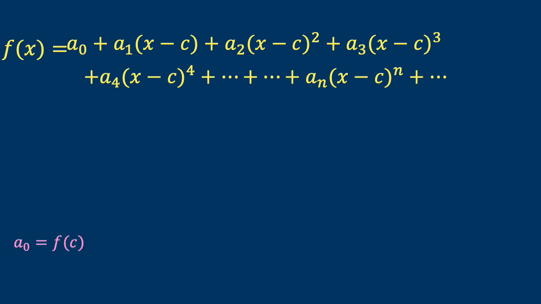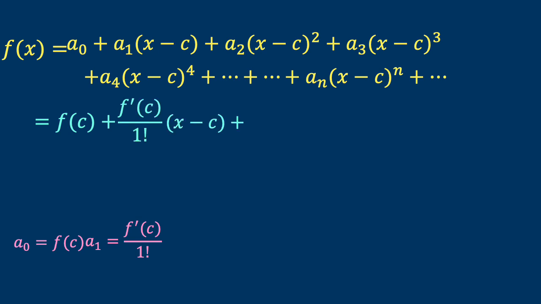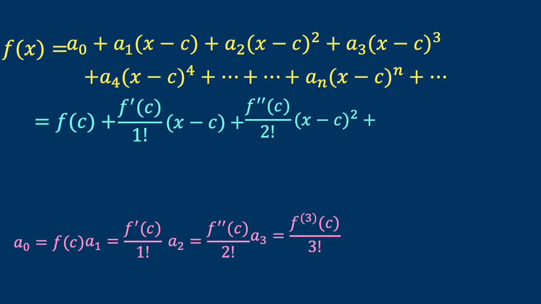So a0 is f of c, the first coefficient. a1 is f prime of c over 1 factorial, times (x minus c). a2 is the second derivative at c over 2 factorial, so the term is the second derivative at c over 2 factorial times (x minus c) squared.